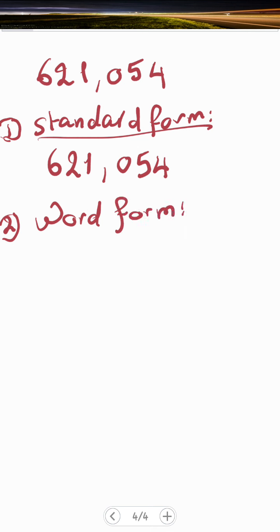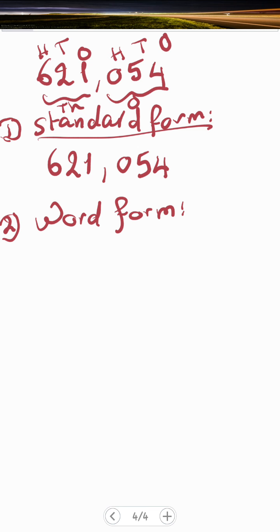Yes, the word form is how we read it or how we write it. So as we said, we read it as six hundred twenty-one thousand, fifty-four. To make it easy for you, you had better write the place value above each one. So the place of 4 is ones, tens, hundreds, and ones, tens, hundreds, thousands.